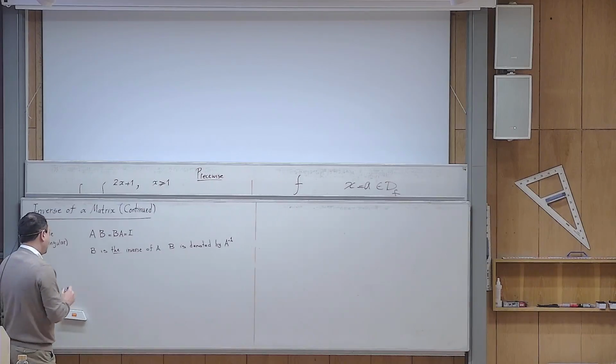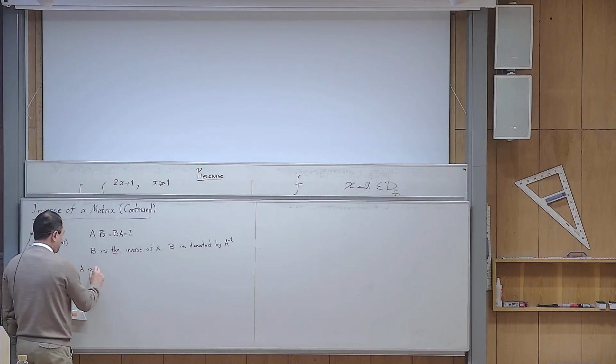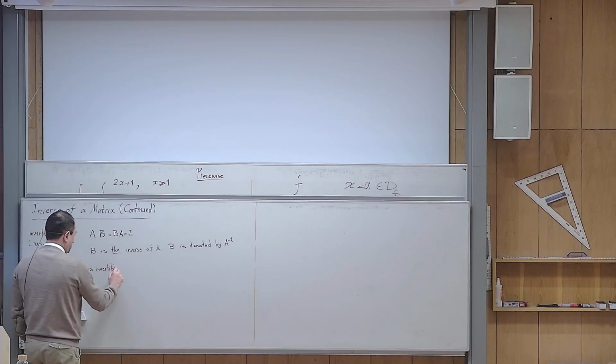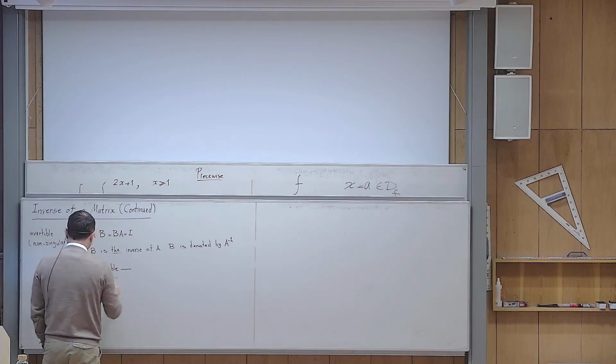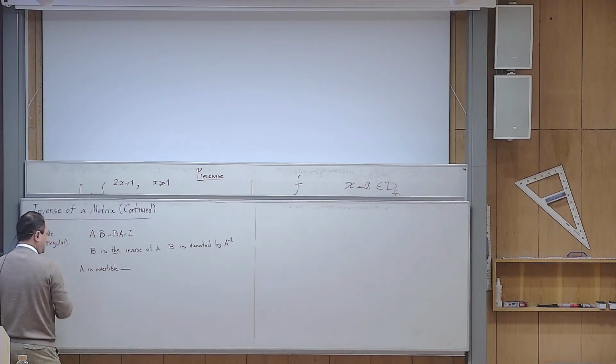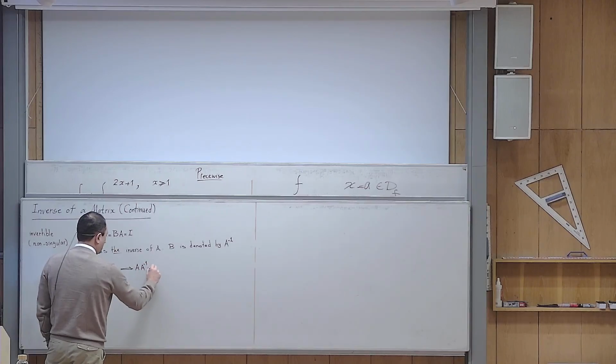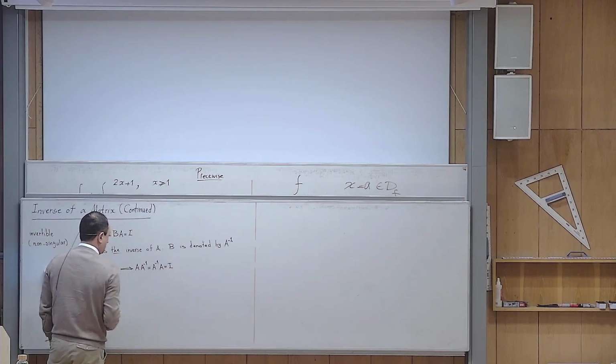So from now on, we say that if, and this is a big if, A is invertible, then let me write like this: A is invertible implies that A times A inverse is equal to A inverse times A, which is equal to the identity matrix.